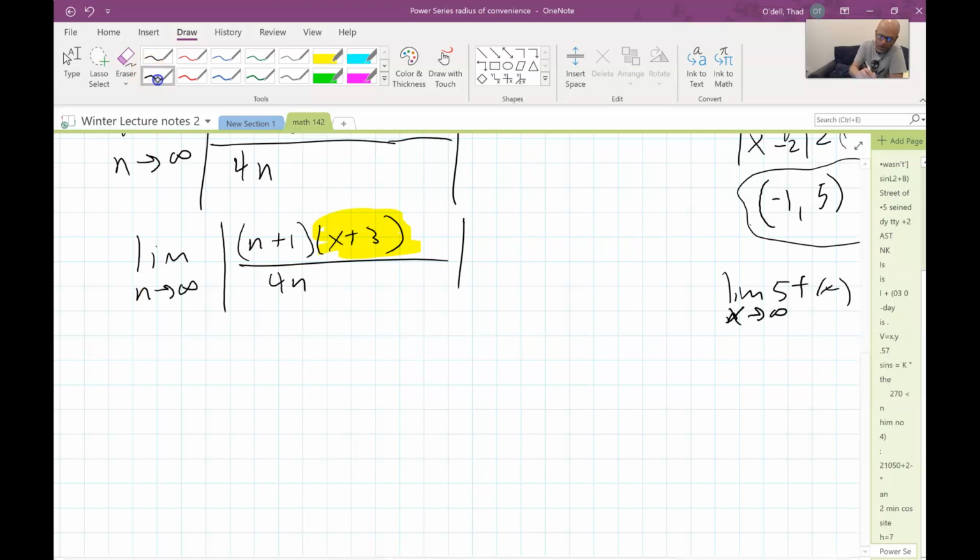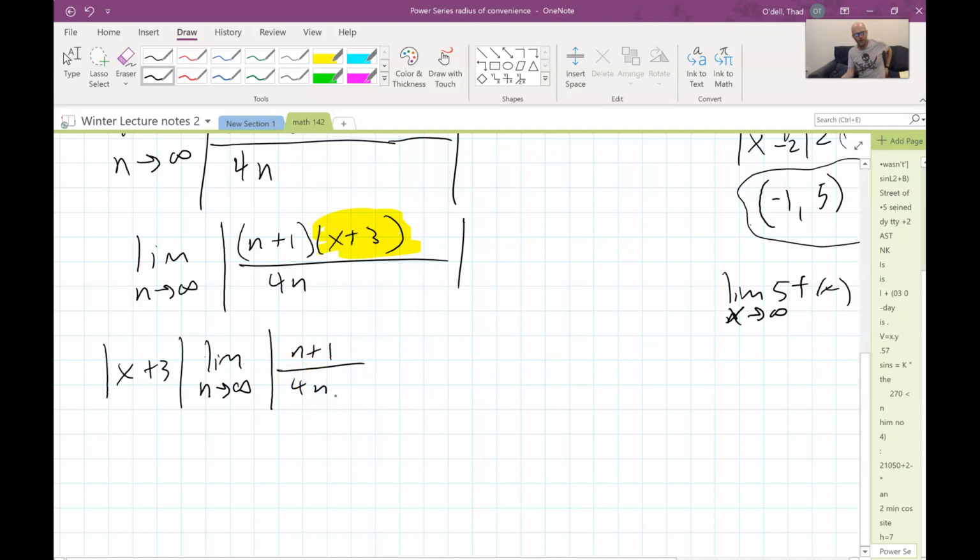So I'm going to write this as, now of course it's still absolute value though, the absolute value of x plus 3 times the limit as n approaches infinity of the absolute value of n plus 1 over 4n. Now I could have taken the 4 out if I wanted to too, and you certainly could do that. I just wanted to get the x plus 3 out of there, because that way I can evaluate this limit pretty easily. And notice this is the limit of n plus 1 over 4n.